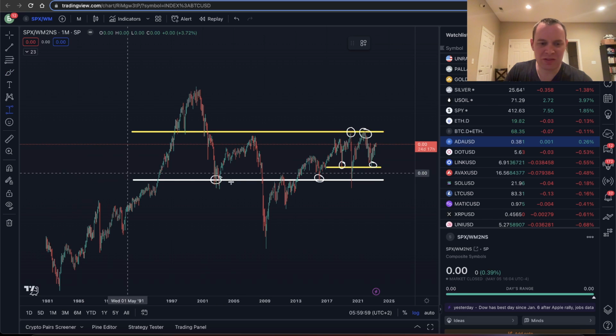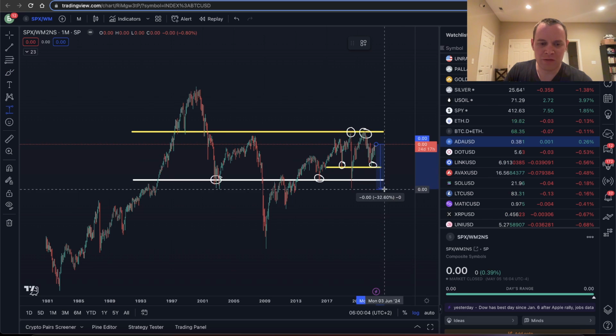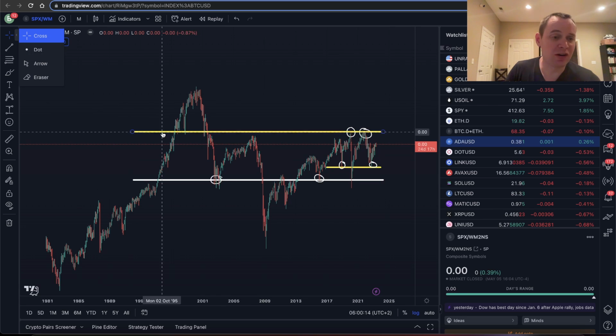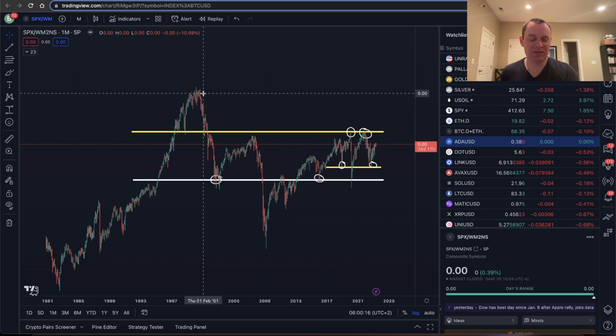If we were to go back to the lows of the .com era on this chart, it would still call for another 32 to 33% move to the downside on the S&P divided by the money supply chart.